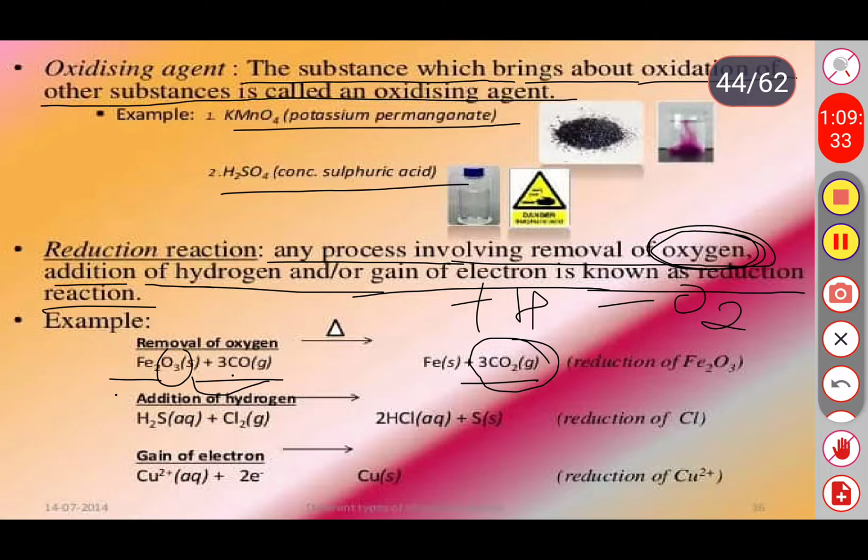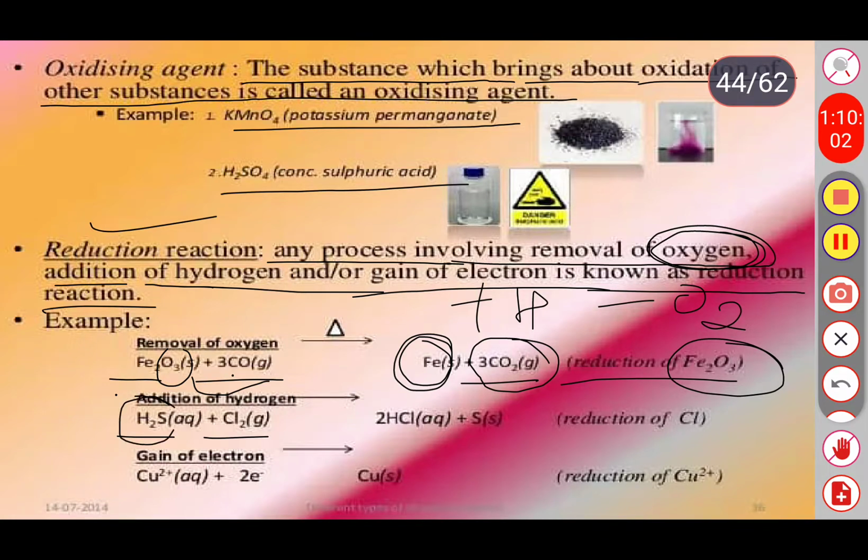Next one, addition of hydrogen. In the previous slide we already discussed when hydrogen sulfide combined with chlorine. From the hydrogen sulfide, hydrogen gets separated and it combines with the chlorine. It forms hydrochloric acid and sulfur gets separated.